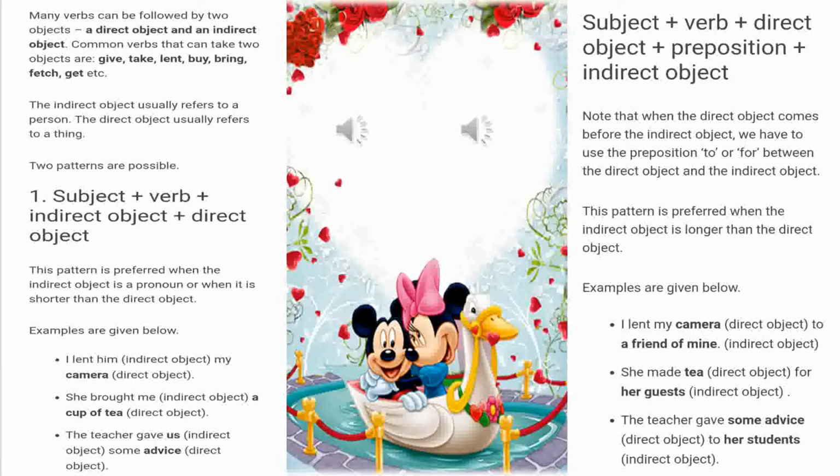And the second pattern will be subject plus verb plus direct object plus preposition plus indirect object. So here we are changing the position of the direct object and indirect object. The direct object is placed before the indirect object. But there is one difference: a preposition like "to" or "for" is added between the direct and indirect object.